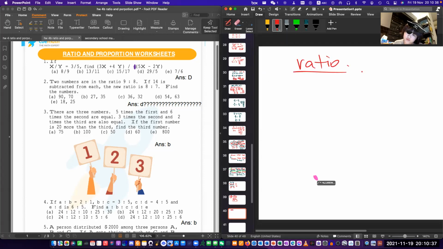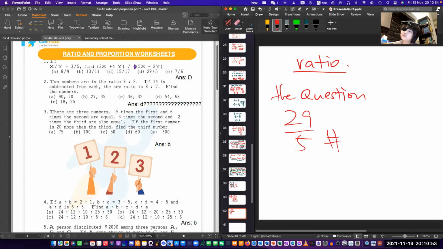For this chapter, we are talking about ratio. The question here wants you to find the ratio. So if you get 29 over 5, that is the answer, because 29 over 5 is a ratio in this case. So that's why you stop here.